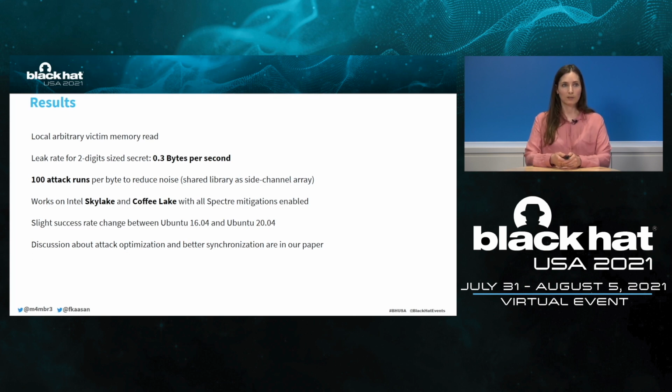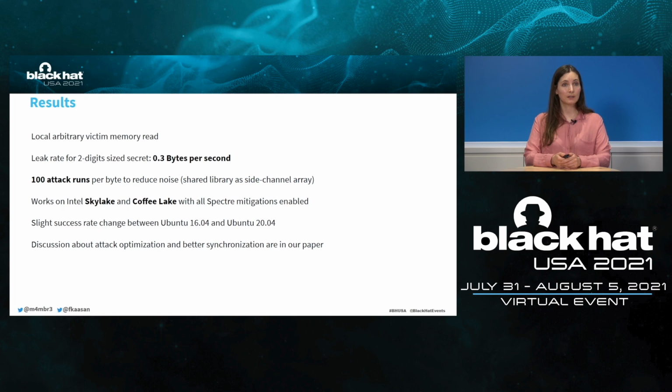The attack works on Skylake and Coffee Lake with all Spectre mitigations enabled. We also tested on two Ubuntu versions, 16.04 and 20.04. We observed a slight success rate change in 20.04 due to another binutils version.